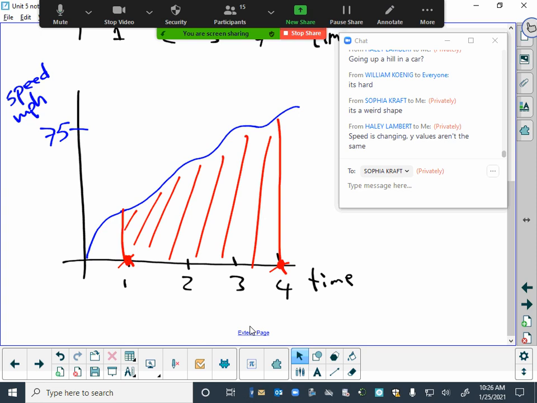But this is the heart of what we're trying to figure out how to do in the second semester. Okay? So our second semester is going to be problems like this. And can we find that area exactly? Or can we at least come up with really, really good approximations of what that area is? Okay. That's our goal for a little while here, and we're going to take different approaches to that.